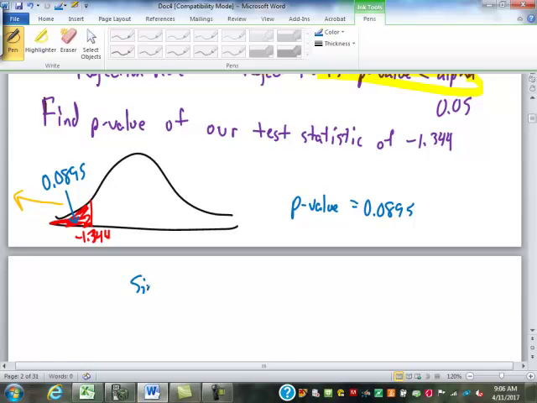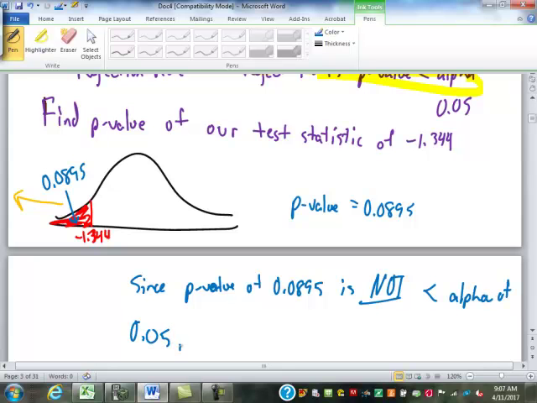Since the p-value of 0.0895 is not less than alpha of 0.05, we fail to reject that null hypothesis again. In other words, there's still not enough evidence to claim that their claim of a 3.9 GPA is incorrect.